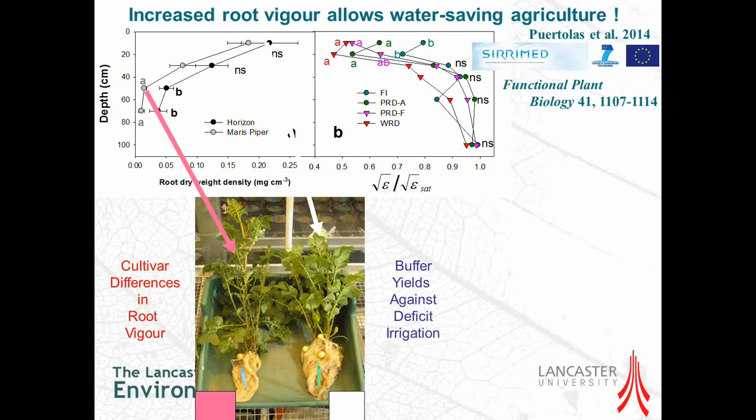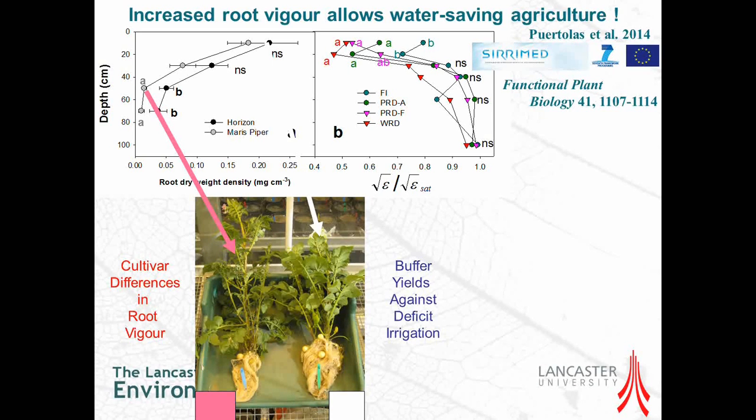And we can see that we've got very big differences in shoot vigour between these two different potato varieties. So Maris Piper basically has a very limited root system at the base of the soil profile. In contrast, our Horizon cultivar has a significant root mass at the base of the soil profile.